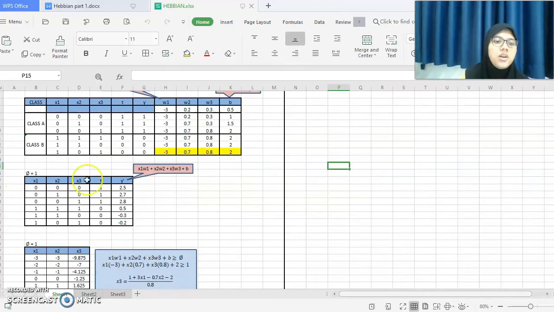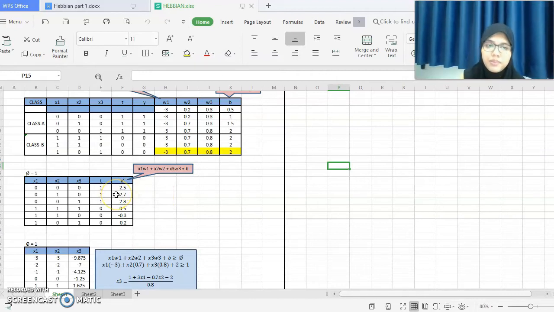Now this table is used to determine whether or not the resulting table is correct. From this, we will obtain the value of y prime, which is equal to x1 w1 plus x2 w2 plus x3 w3 plus b.